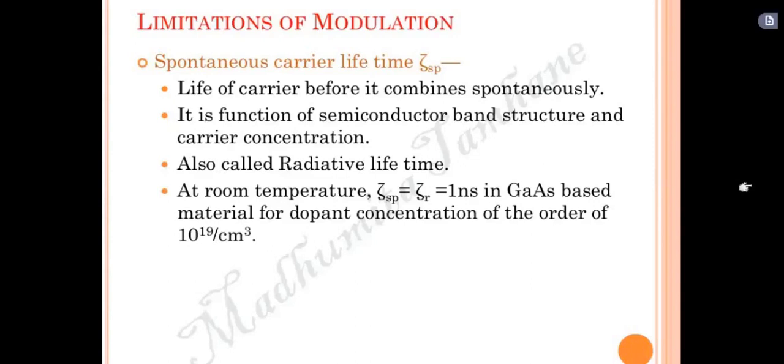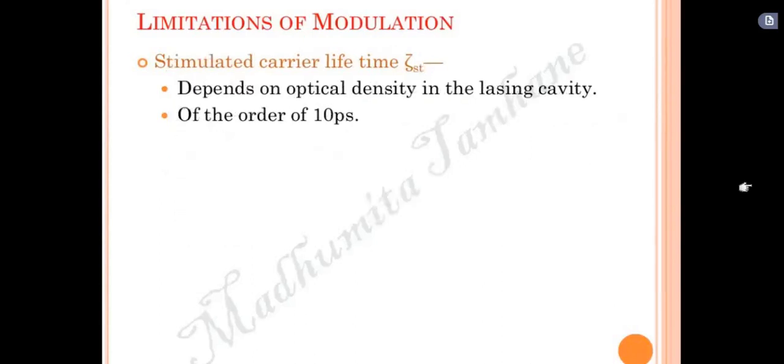This is one of the things we are considering for the spontaneous carrier lifetime. Similarly, we have a stimulated carrier lifetime as well. What is the value? It is in picoseconds. The stimulated carrier lifetime, tau_SC, is nothing but the stimulated carrier lifetime that depends upon the optical density, because of the area and the volume we are considering.